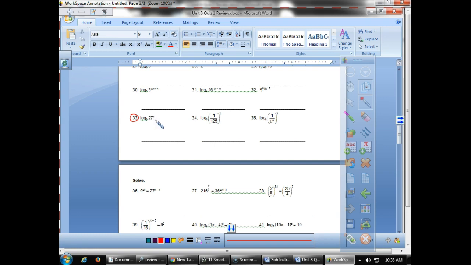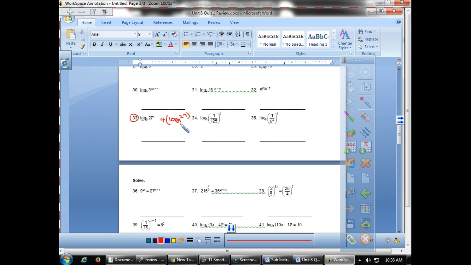There's a couple of things you could do. I think I would probably bring the power 4 out front and multiply by log base 9 of 27. Now log base 9 of 27 is not something that we know right off the top of our heads, but could you think about what do you do to 9 to turn it into 27?